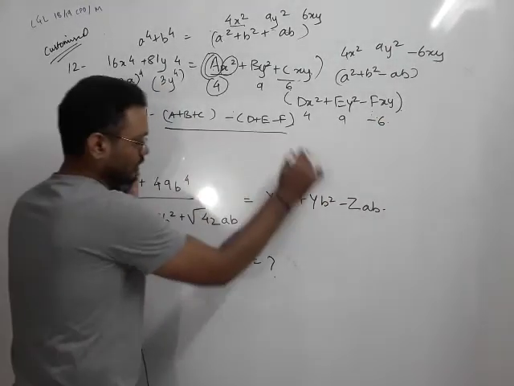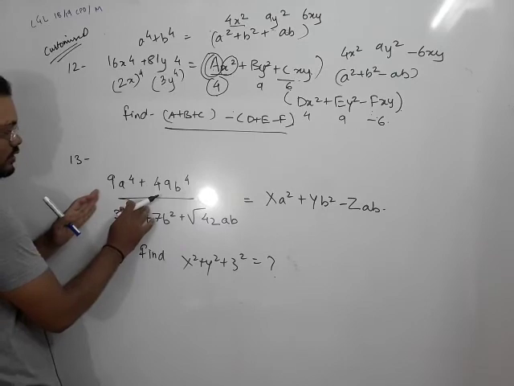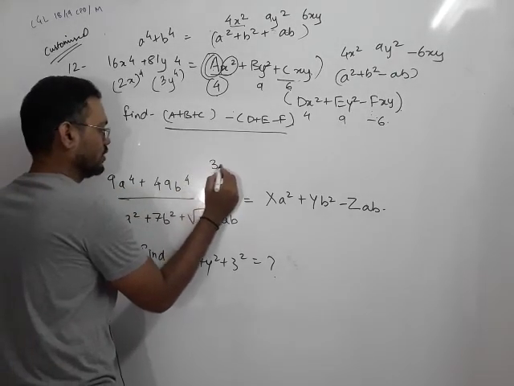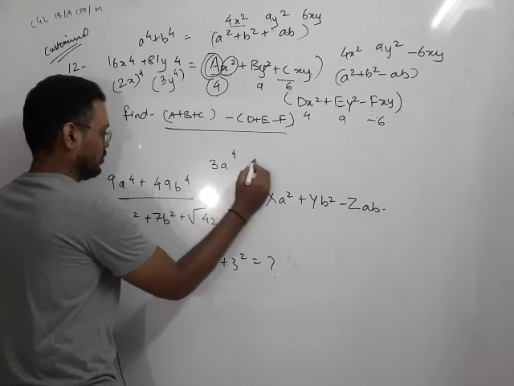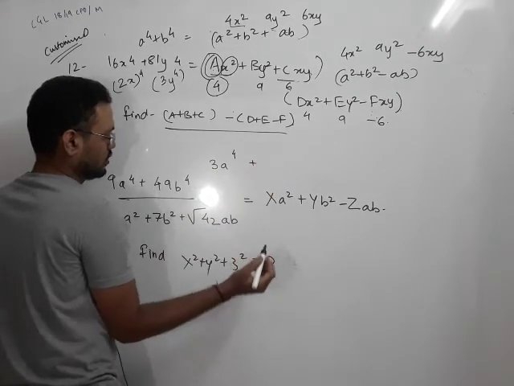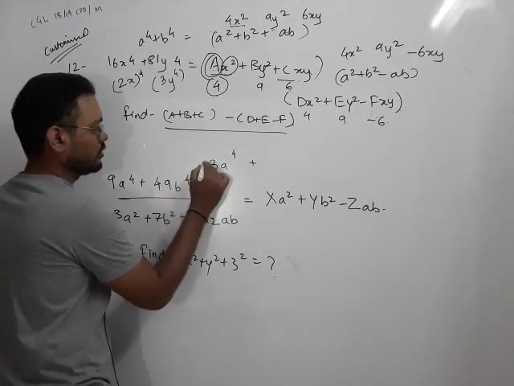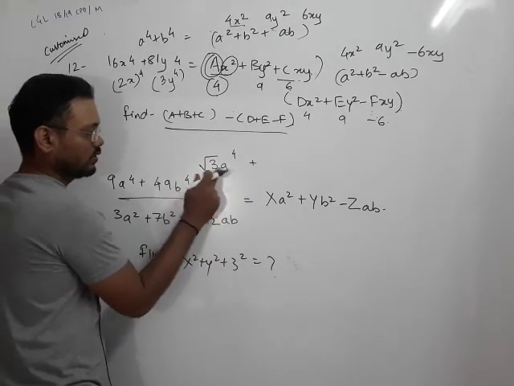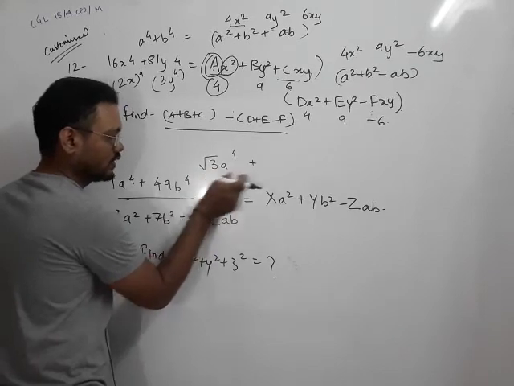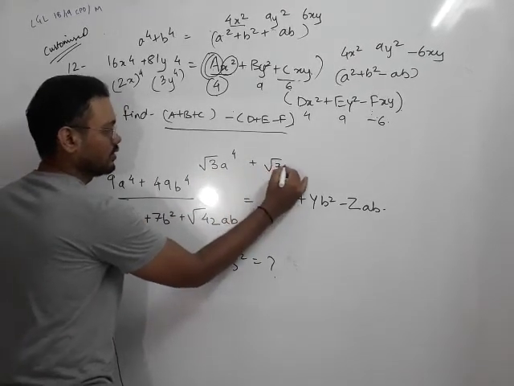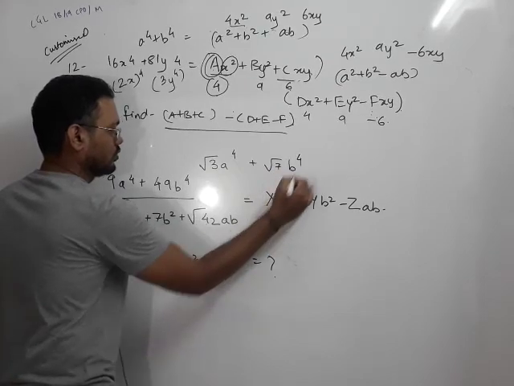Then you have to put the values. Similarly over here, this is 3a raised to 4 plus, it's not 3, it is going to be root 3, because root 3 squared will give me 3 into 3, which is going to be 9. So it will be root 7 b raised to 4.